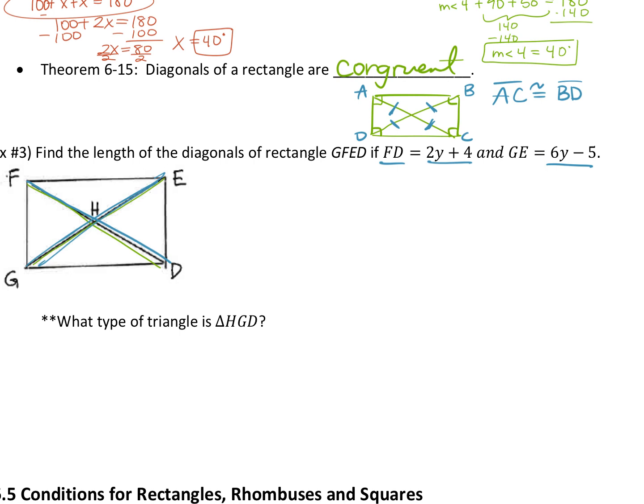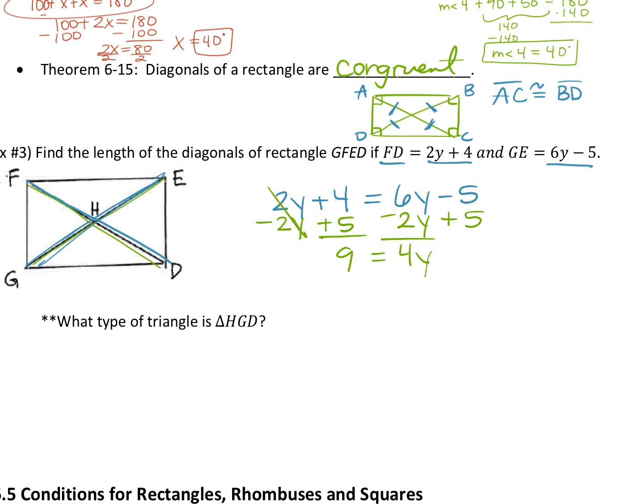You're going to say 2y plus 4 has to equal 6y minus 5, and then we're going to solve that. So take away the 2y, and you get 4y. Add the 5, and you get 9. Okay, so those go away.